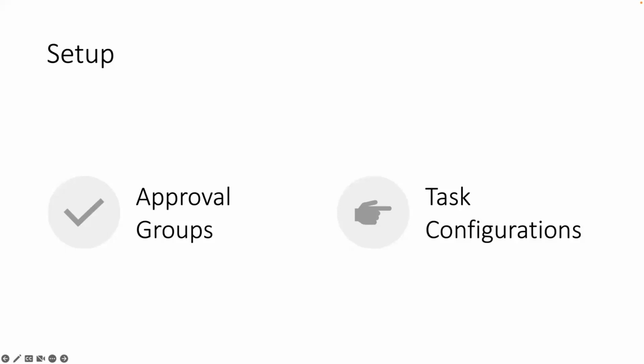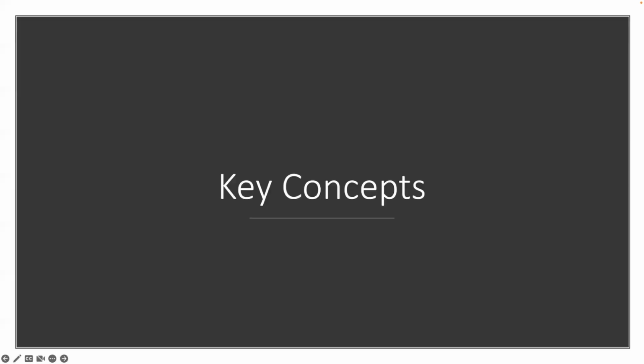So I want to go through some of the key concepts, and then once I run through the key concepts, we're going to look at a use case scenario on the application, and I think we should be okay. Conceptually, you have your task configuration, and for all the approvals, the concepts are pretty much the same, regardless of whether you are using approvals in supply chain or in finance, or I don't know so much about HCM, but I believe conceptually the structure is very similar.